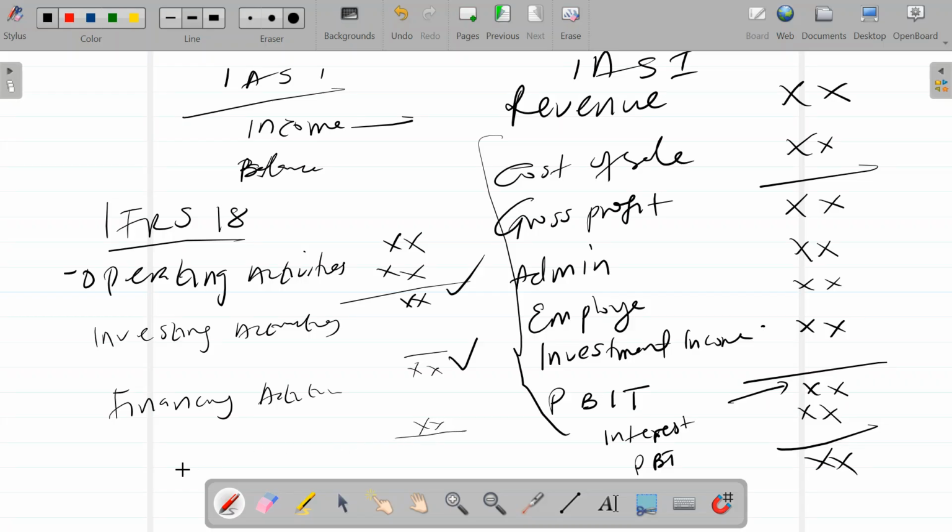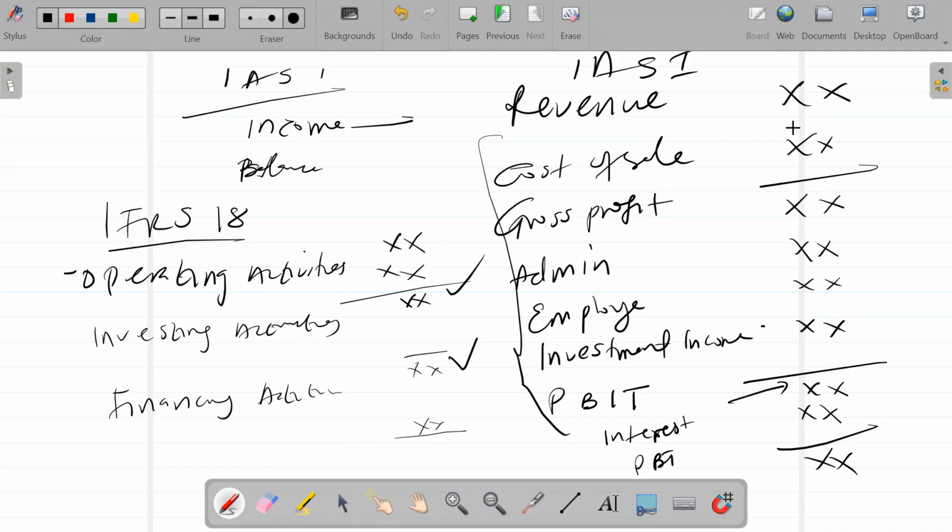Before we have our profit before tax. So IFRS 18 is just to arrange the items in the income statement, just like how cash flow is arranged, so we can see clearly the picture of the company's performance.